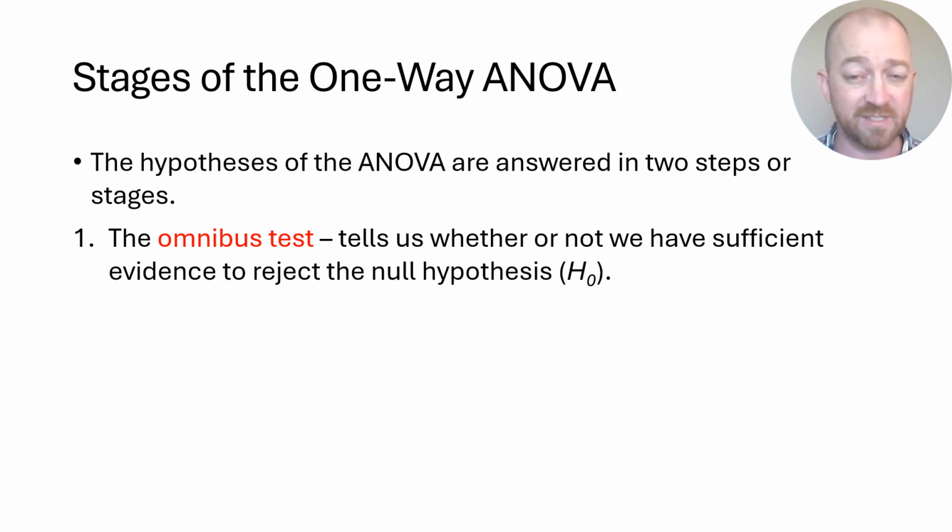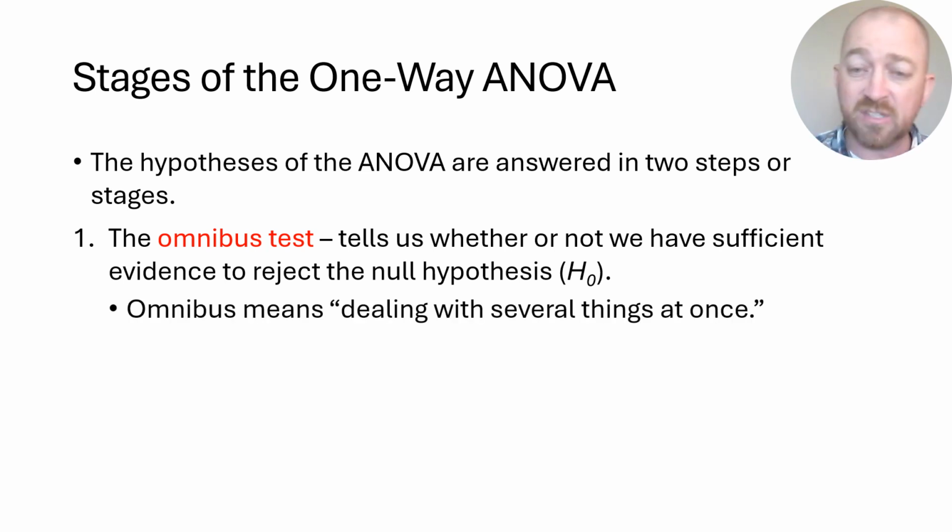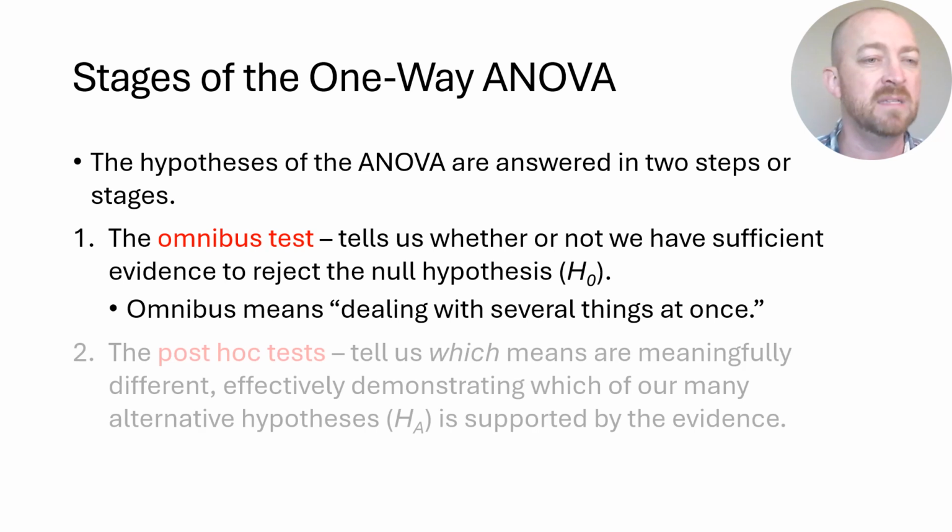Then it comes out and says we can support the null or we can't support the null, or we shouldn't support the null perhaps. And that's called the omnibus test. So it's dealing with several things at once, and these are the mean comparisons all at once: the means of group 1 and 2, group 3 and 2, group 3 and 1, for example, when you have 3 means.